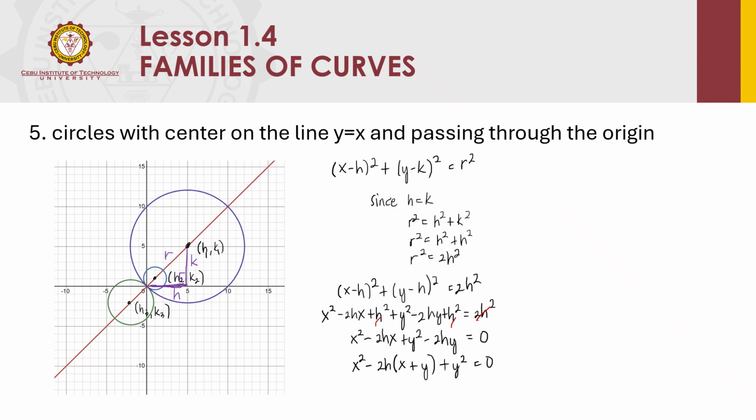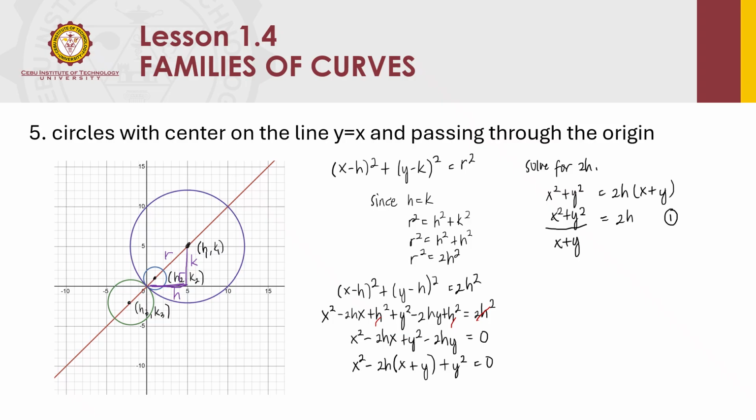We're going to solve for h. Let's put the 2h on the right side. So x squared plus y squared equals 2h times (x plus y). So 2h is x squared plus y squared all over x plus y. Let this be equation 1.